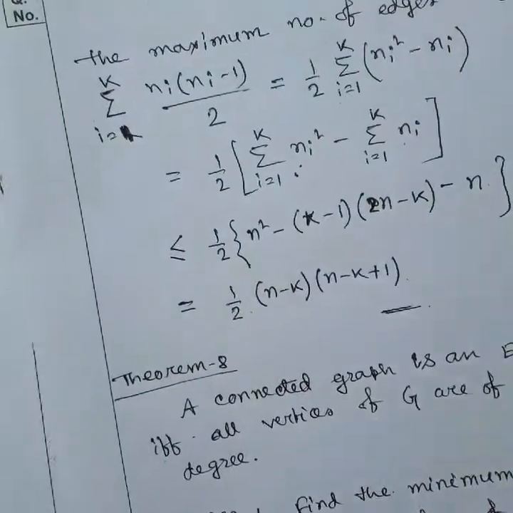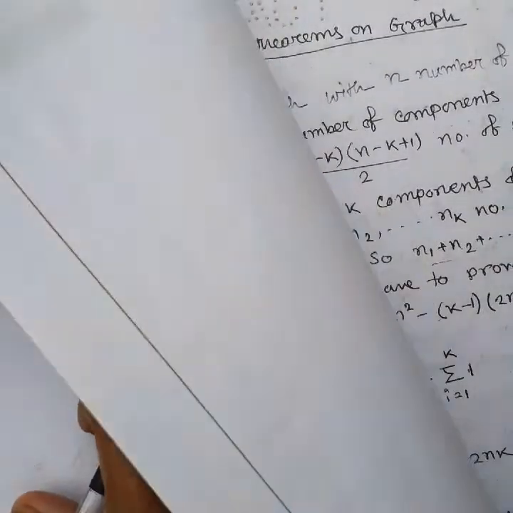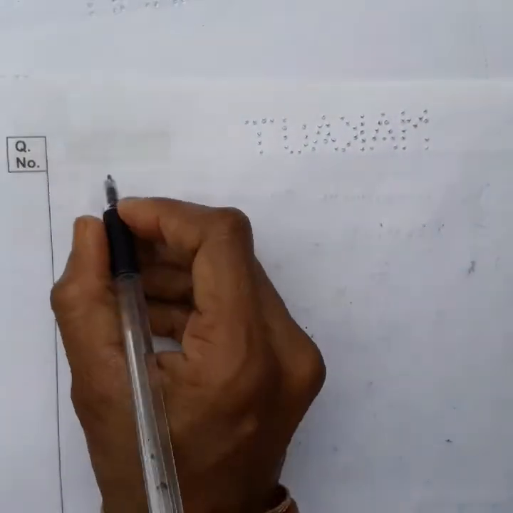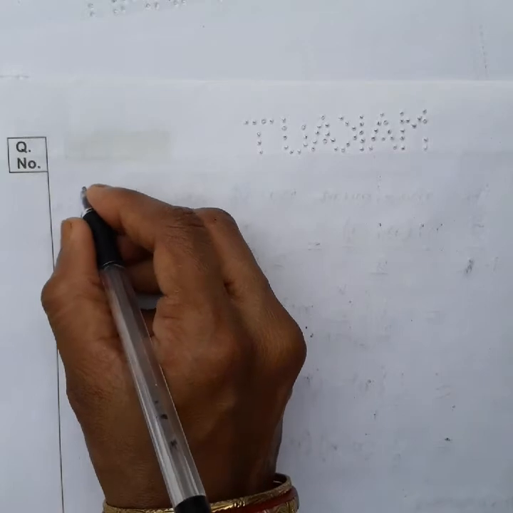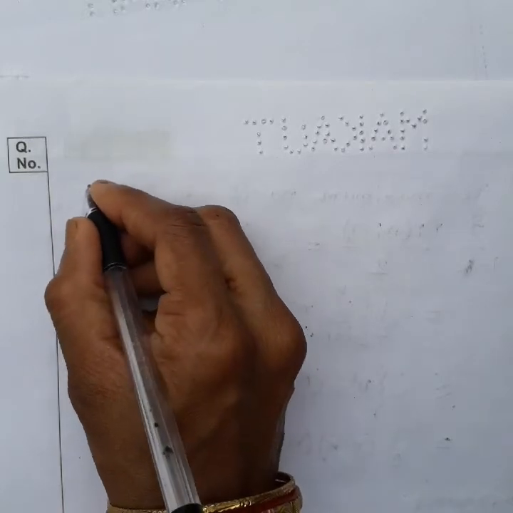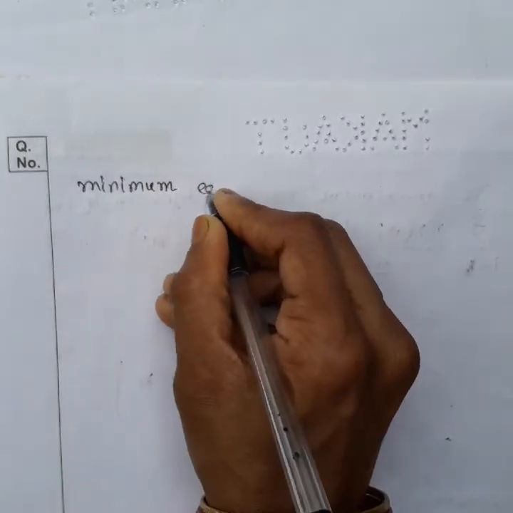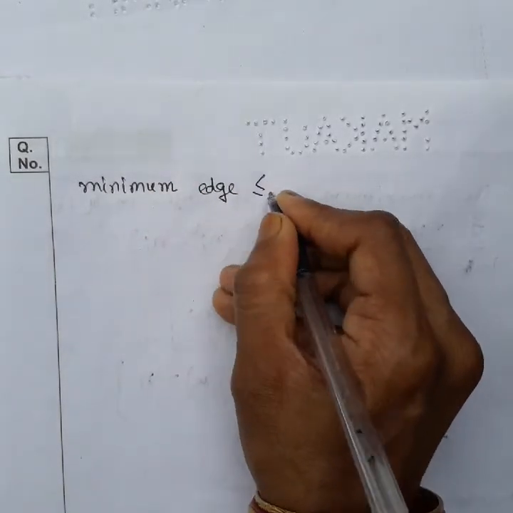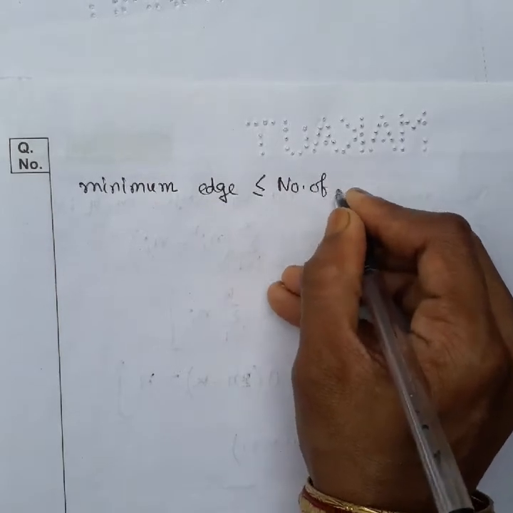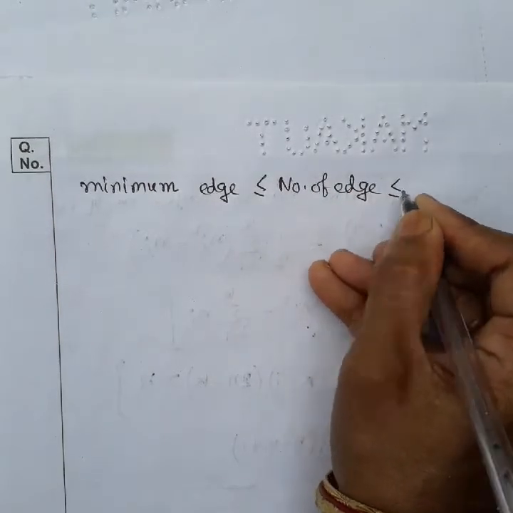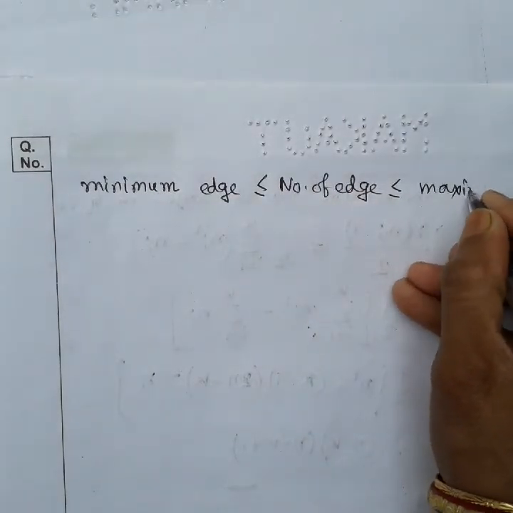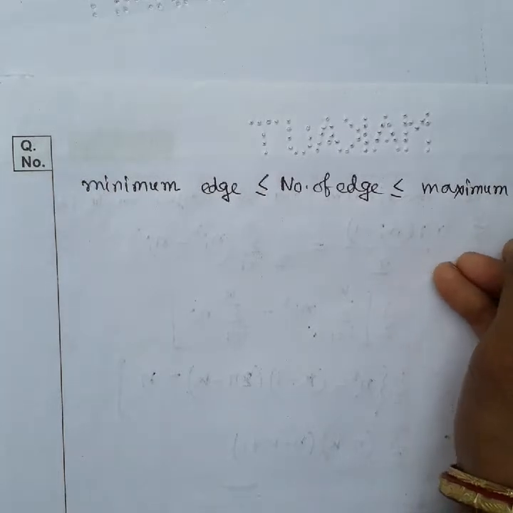Okay, so as we know that minimum edges is less than or equal to number of edges is less than or equal to maximum edges.